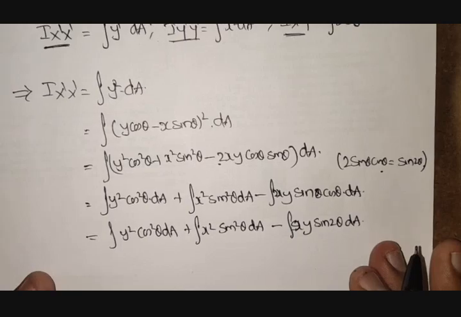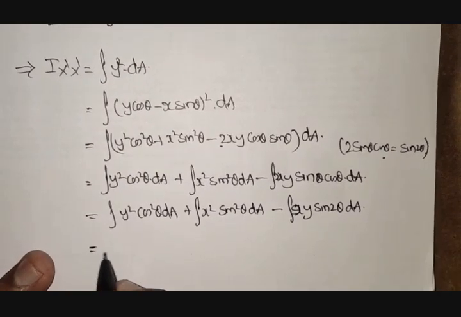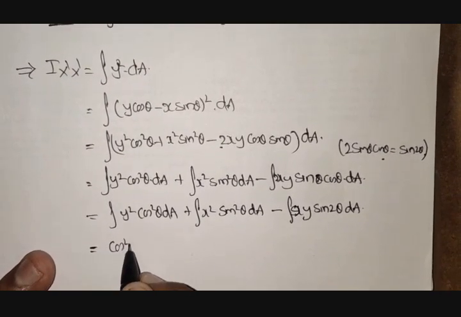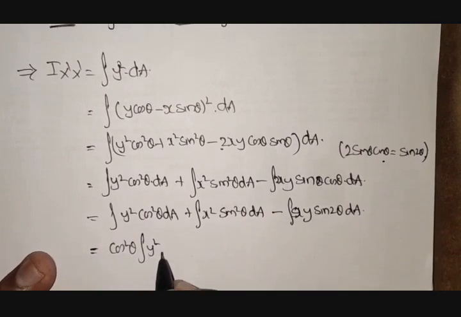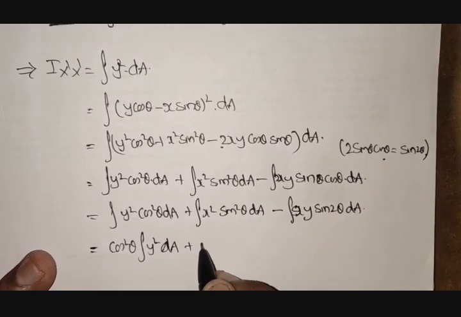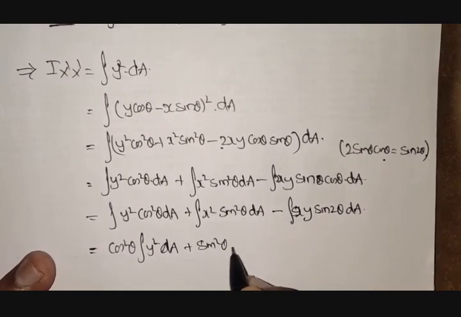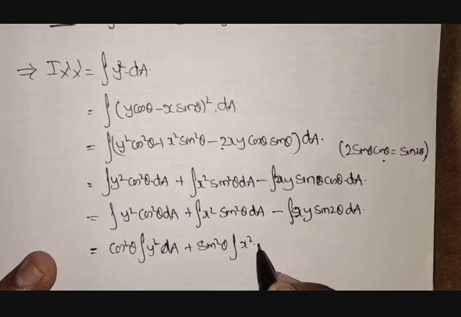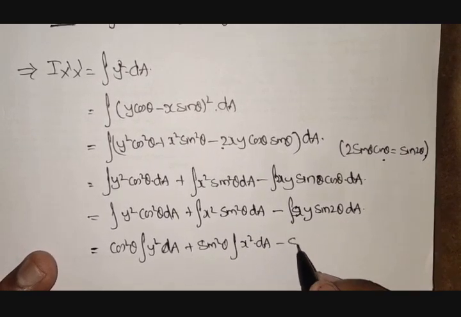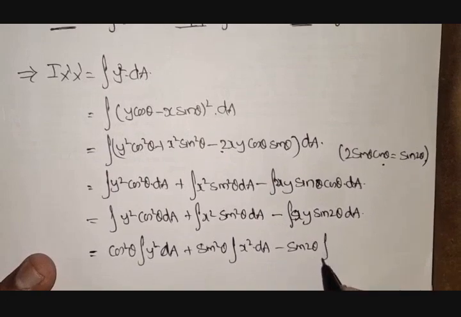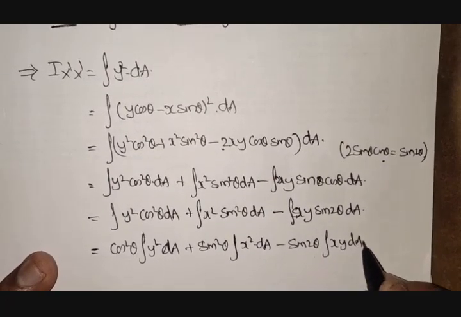So take the constant term outside, then it will become cos square theta integral y square dA plus sin square theta integral x square dA minus sin 2 theta integral xy dA.